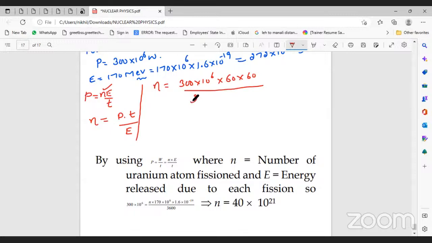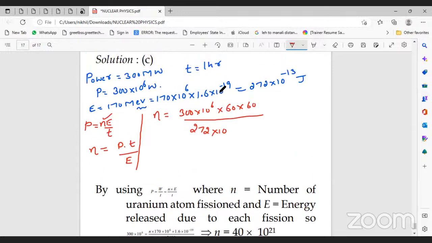What is the energy you got? You got 272 into 10 power minus 13, right? So n is equal to, you can count zeros, 2 zeros, 3 zeros, 4 zeros.